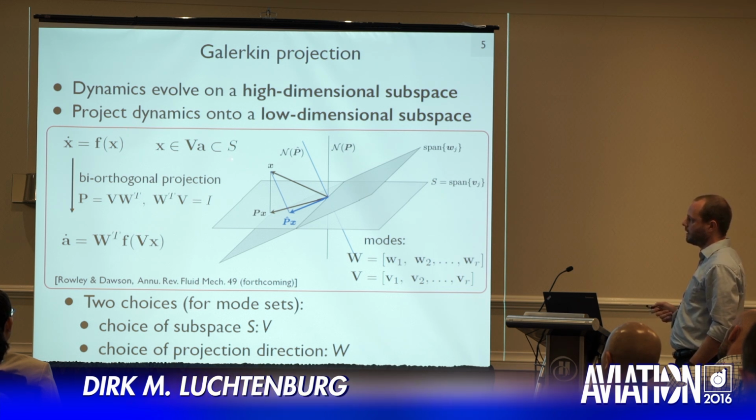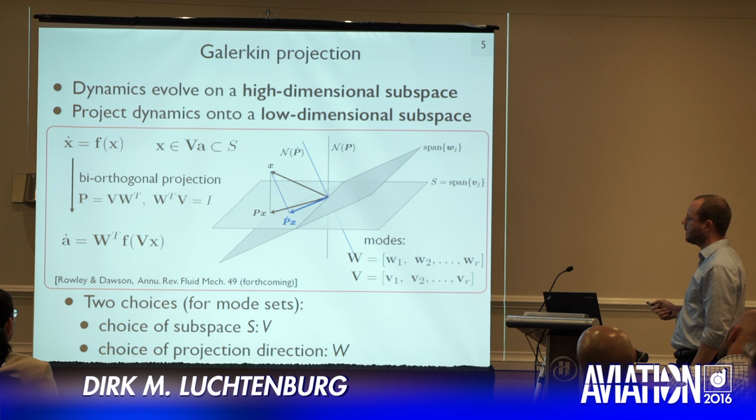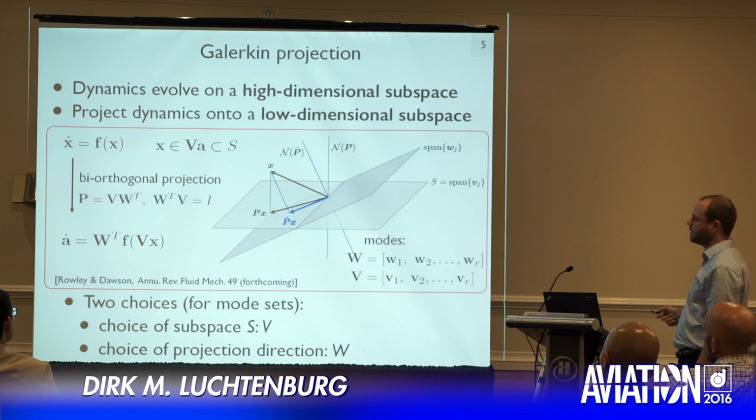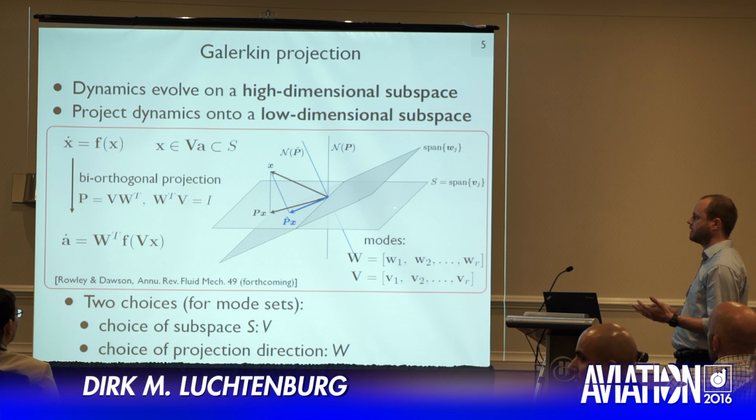The key here is that we restrict our dynamics. The velocity only lives in a low dimensional subspace, which is depicted in this picture. Imagine, as Tim also had in a similar picture, that the state can evolve in this whole space, and now we restrict ourselves to this plane, the low dimensional subspace. So our velocity can only live in this plane.